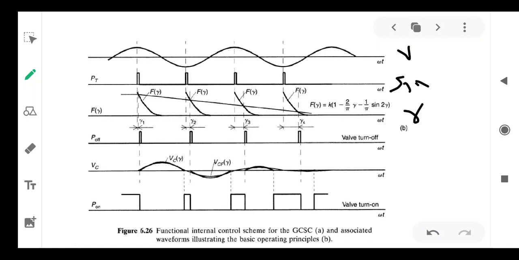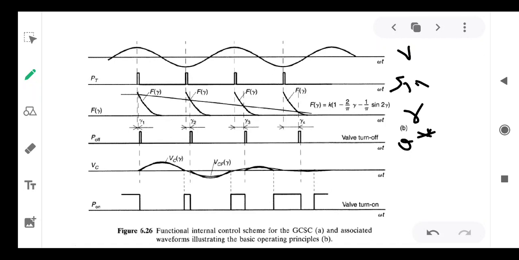So now this is the gamma and the synchronizing signal. This theta star is used to fire the anti-parallel combination of GTOs.